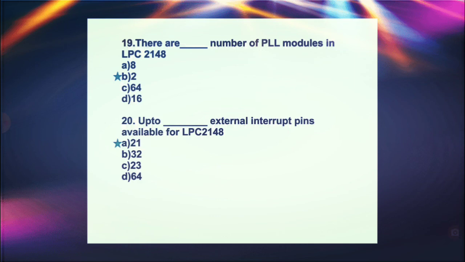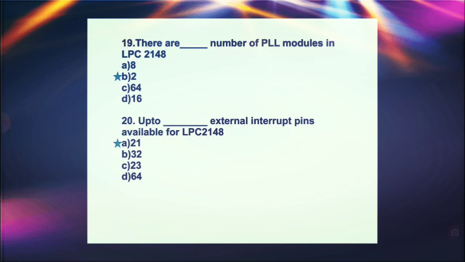There are dash number of PLL modules in LPC 2148. Options are 8, 2, 64, 16. The correct answer is 2. One more question. Up to dash external interrupt pins are available for LPC 2148. Options are 21, 32, 23, 64.